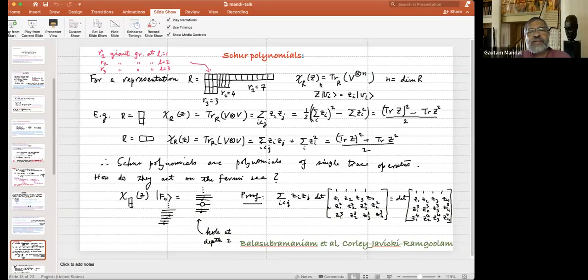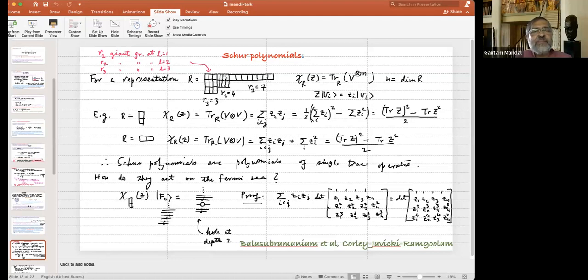So the point is that it is a trace, it's a character of Z in the representation, in the irrep R. Let me explain what it means.